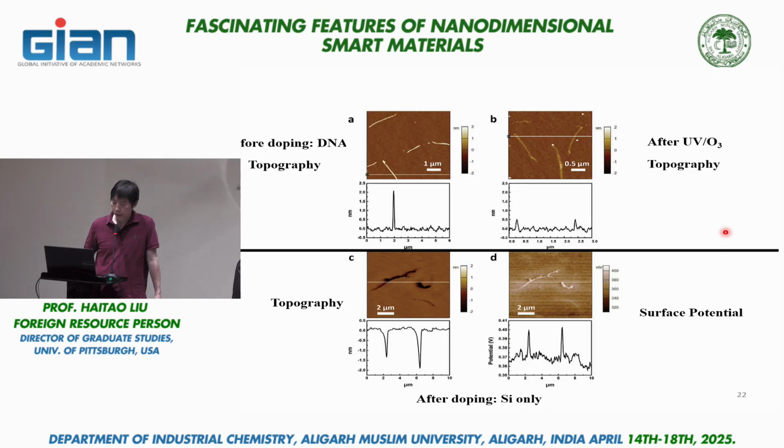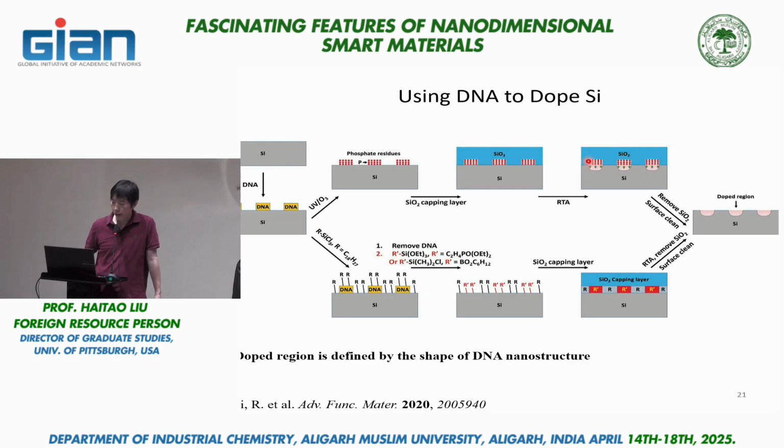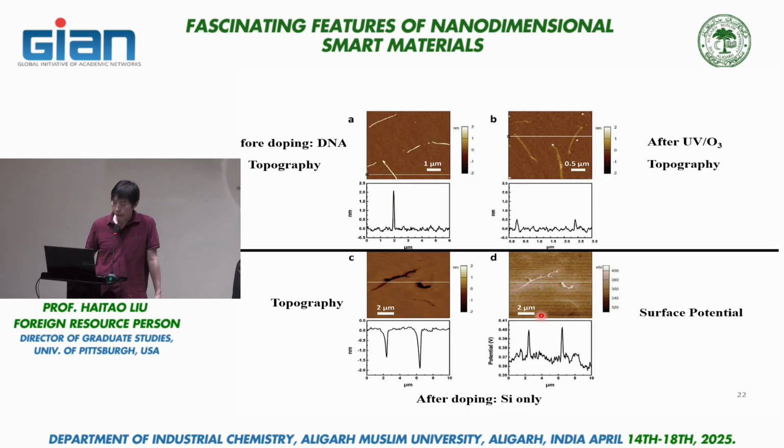Now, after the doping, what we find are two changes in the AFM. When we look at the topography, we start to see a lot of trenches on the surface. And if you recall the message here, there's some kind of solid state reaction that etches silicon. Now, if we look at the surface potential using Kelvin probe microscopy, we find there's also contrast in the surface potential.